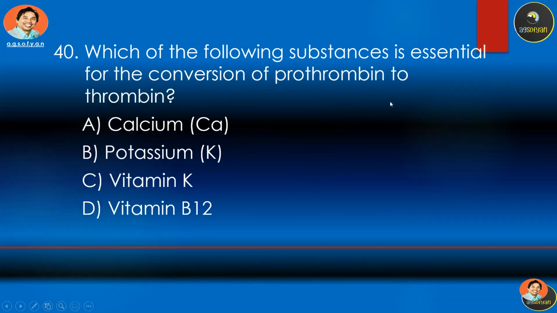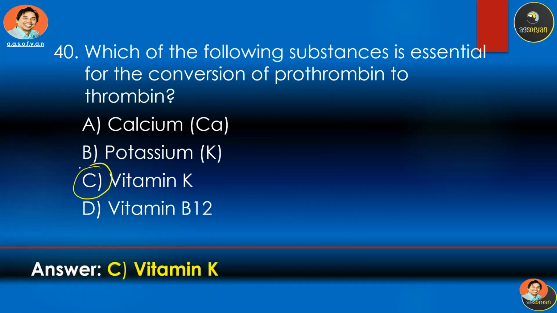Which of the following substances is essential for the conversion of prothrombin to thrombin? A, B, C, or D? We need vitamin K to make these conversions available. So prothrombin to thrombin requires vitamin K.